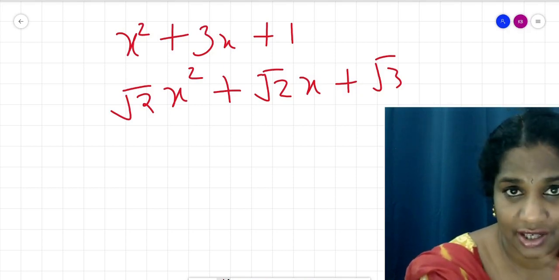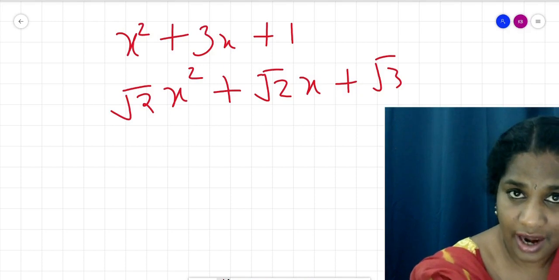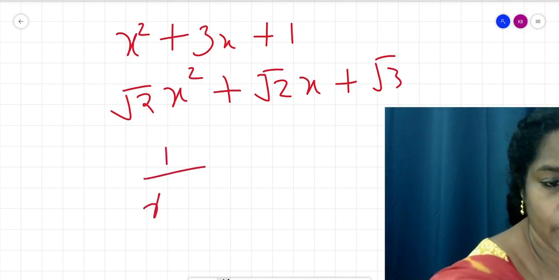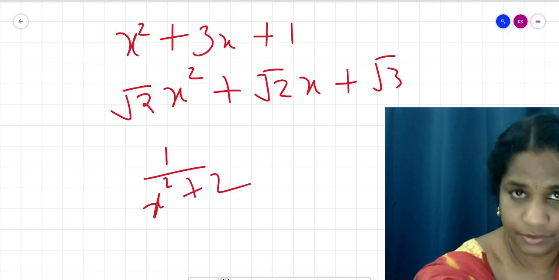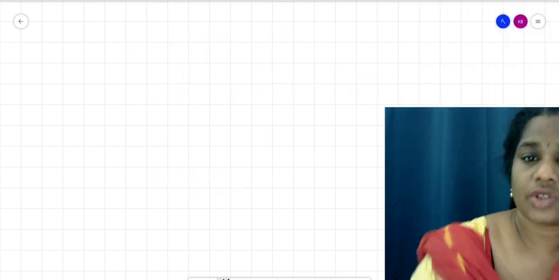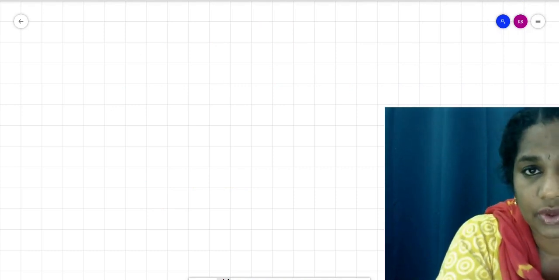Variable is not in under root, only the constant values are in under root. Perfect. Now 1 by x square plus 2, is it a polynomial? No, because x is in the denominator. Correct.